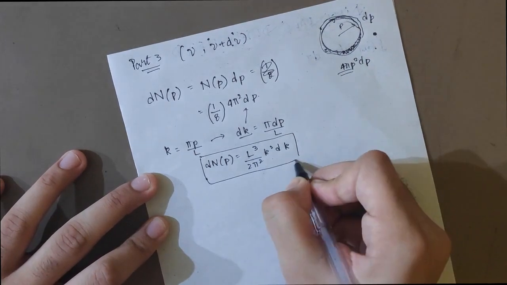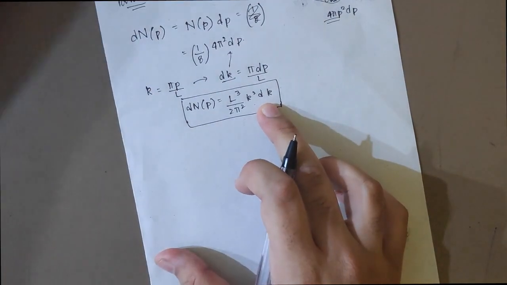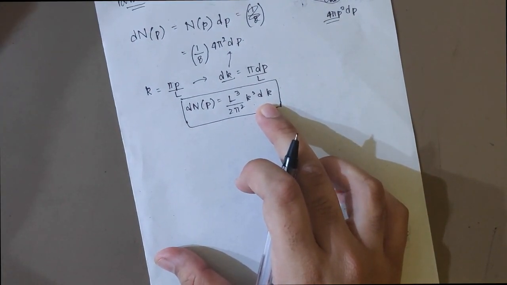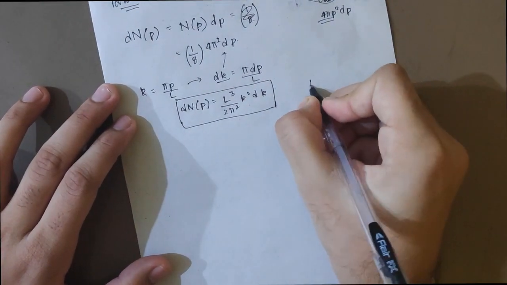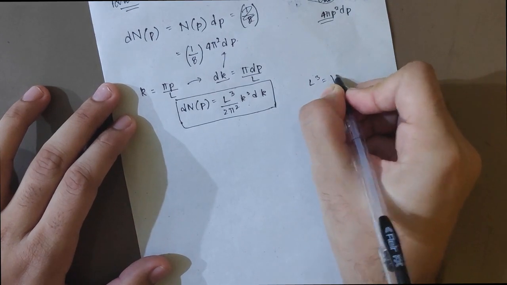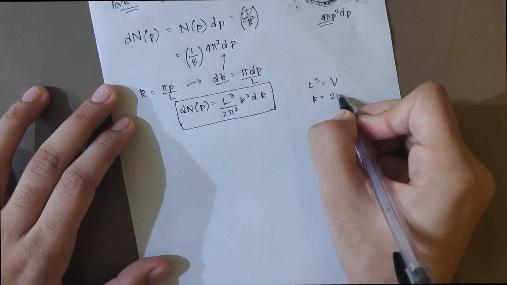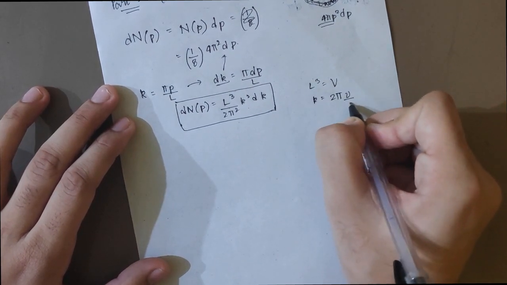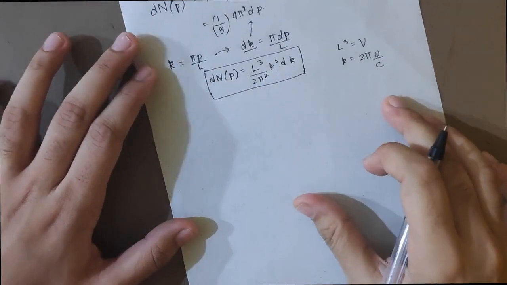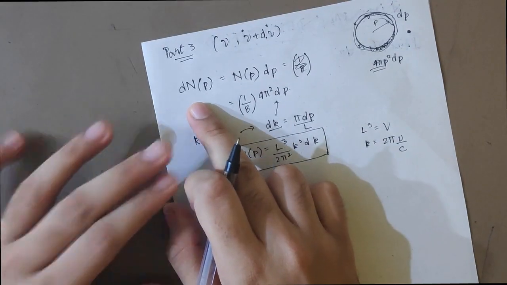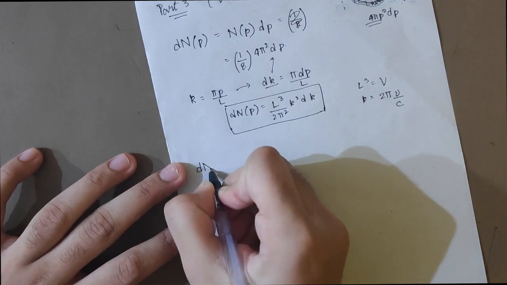So we have the number of modes of momentum P with a wave vector element dK. Now we can do a couple of substitutions here. Note that L cubed is the volume and I can represent that by V. It is the volume of the box. And K in other terms can be represented as 2 pi mu by C, where mu is the frequency and c is the velocity of light. So we can write the following expression for the number of modes with momentum from p to p plus dp.